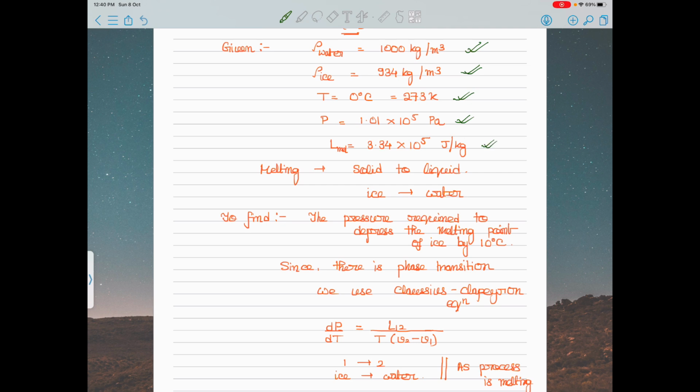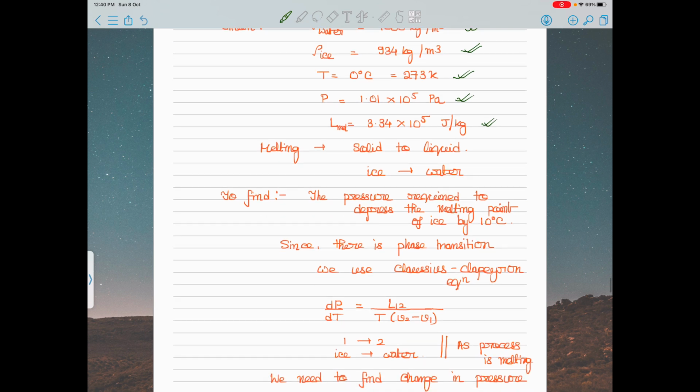Because ice will absorb latent heat and then melt into water, therefore it is positive. Melting is the process given in the question, something changing from solid to liquid phase. In this case, it is ice to water.